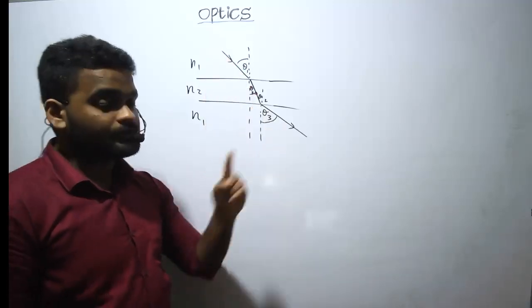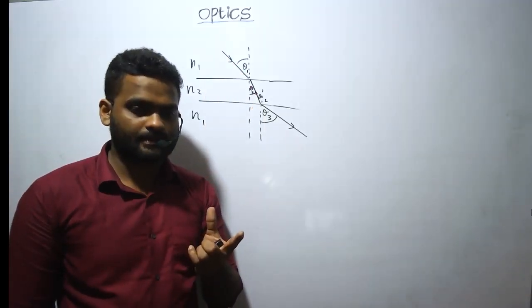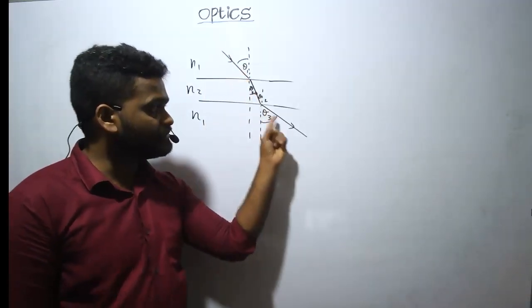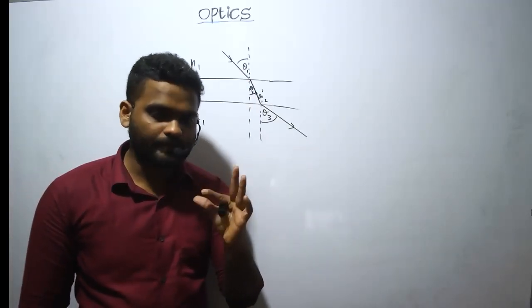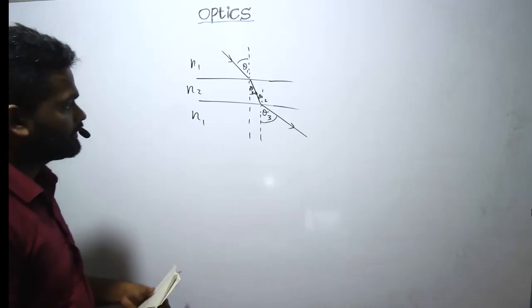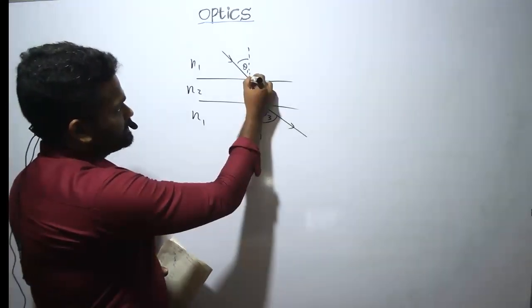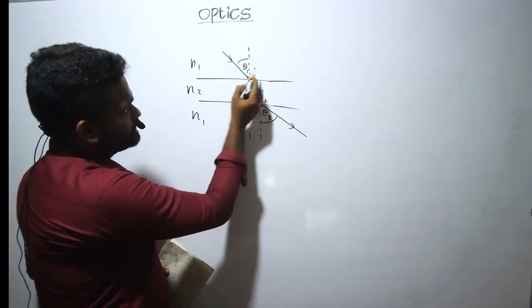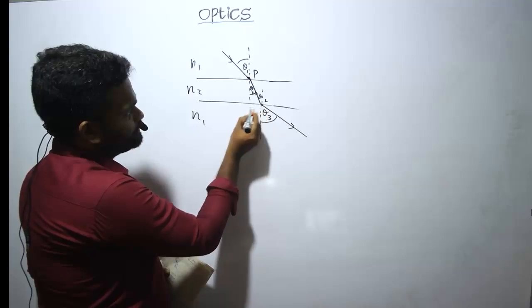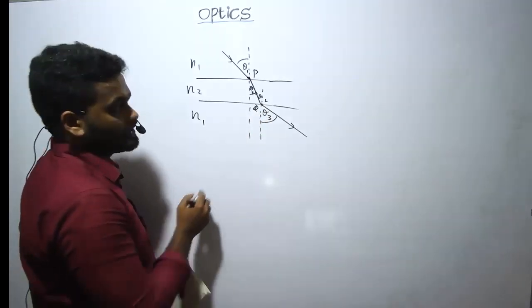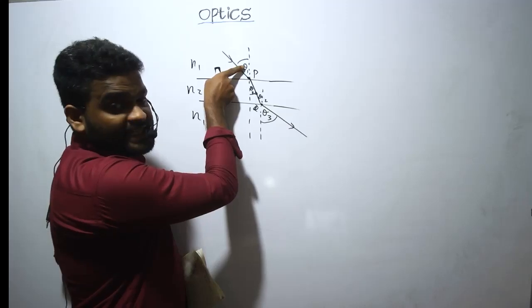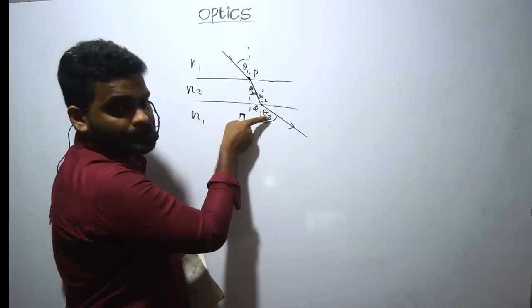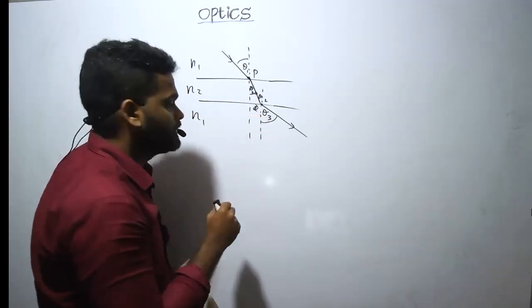So let's prove that. Just apply Snell's law to point P, then to point Q. You have to prove that theta 1 is equal to theta 3.